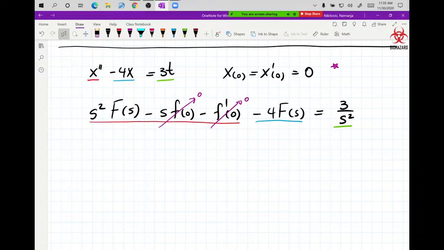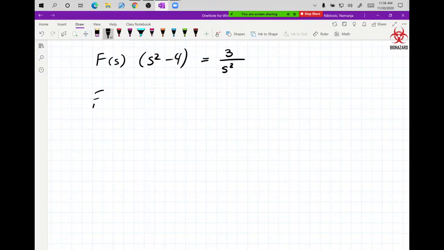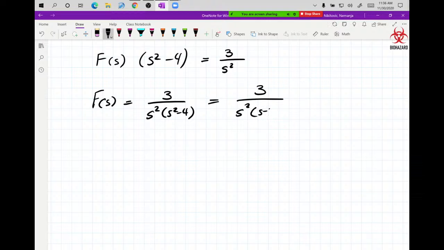Now, if you see what's left, we can factor out F of s and have s squared minus 4 equals 3 over s squared, which is nice. That factors and all that. So F of s is equal to 3 over s squared times s squared minus 4, which factors into s squared, and then s minus 2, s plus 2.